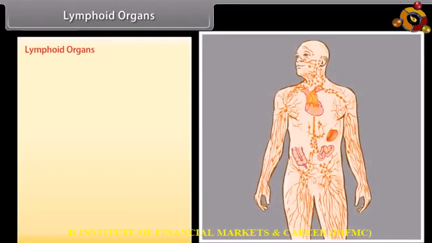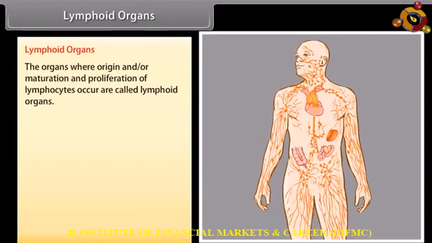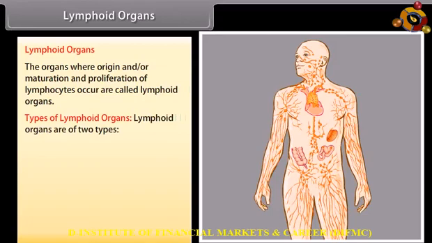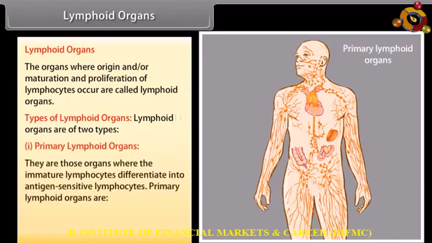Lymphoid organs. The organs where origin and/or maturation and proliferation of lymphocytes occur are called lymphoid organs. Lymphoid organs are of two types. Primary lymphoid organs are those organs where the immature lymphocytes differentiate into antigen-sensitive lymphocytes.